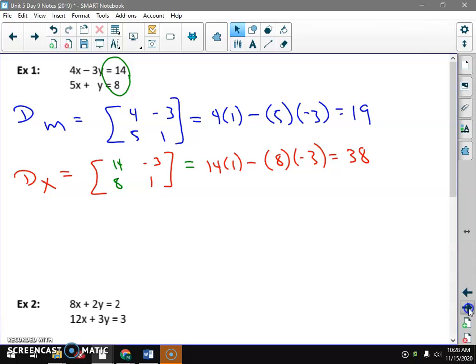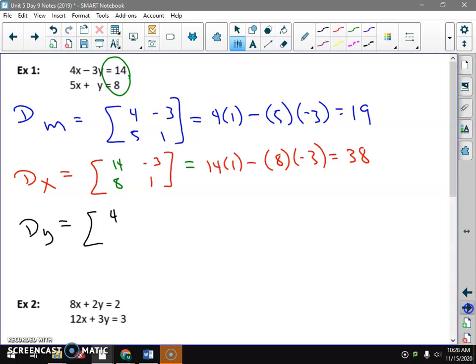And then our last one, Dy equals, y kicks out the y's, so we keep the x coefficients, 4 and 5. We replace the y coefficients with our answers, 14 and 8. And we find that determinant, 4 times 8 minus 5 times 14, 32 minus 70, negative 38.